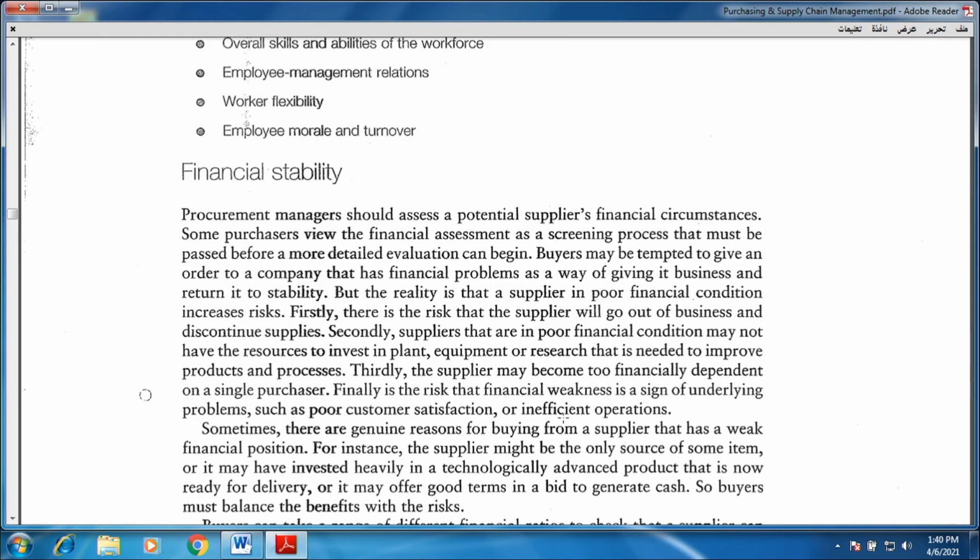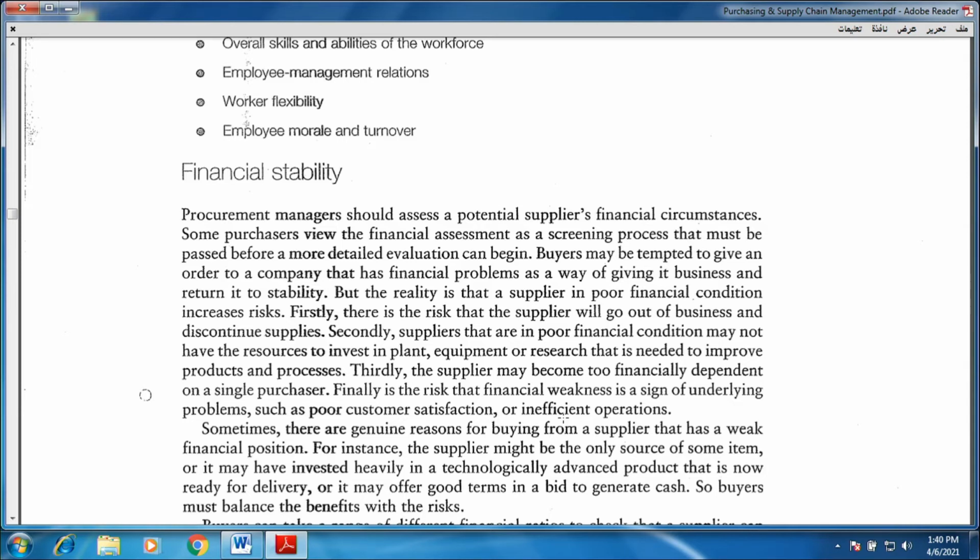We usually don't know what happens in the suppliers' facilities, but we can read the numbers and understand between the lines that there are some operational problems, customer satisfaction problems, maintenance or technology problems within the supplier.